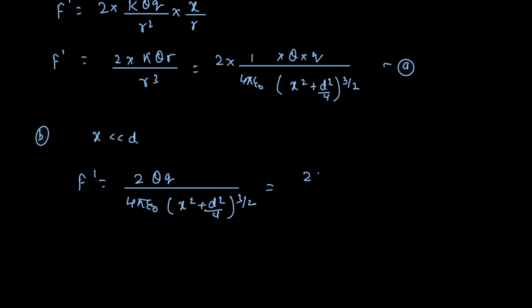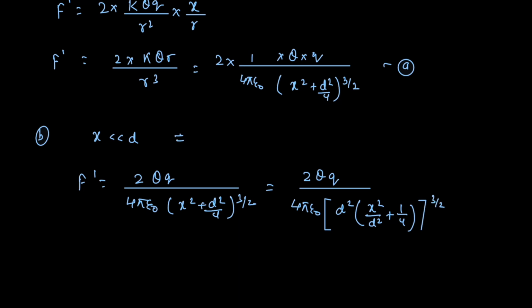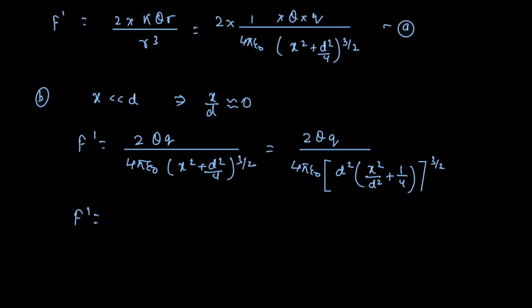We can write it as 2q capital Q divided by 4 pi epsilon naught d square into x square by d square plus 1 by 4 to the power 3 by 2. So when x is very less than d, it means that x by d is approximately 0. So F dash is equal to 2 capital Q small q divided by 4 pi epsilon naught d square to the power 3 by 2.